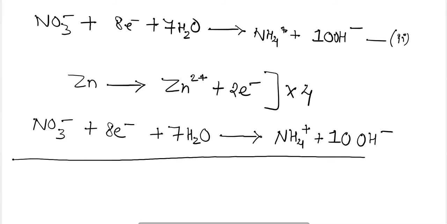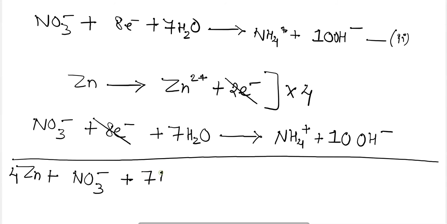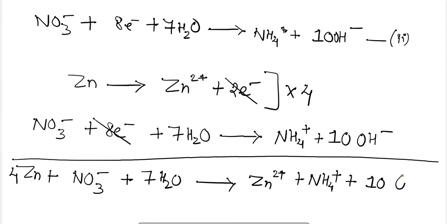So on adding these equations, the 8 electrons on both sides will be cancelled out here. So the left out things will be 4Zn plus NO3 minus plus 7H2O gives 4Zn2 plus plus NH4 plus plus 10 OH minus. So this will become the balanced chemical equation.